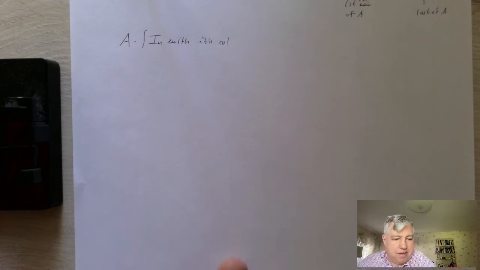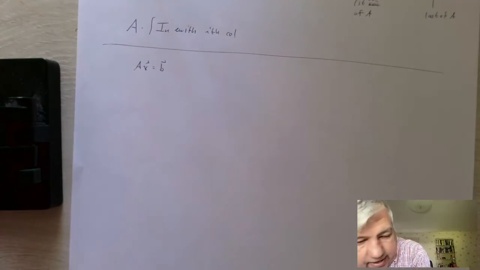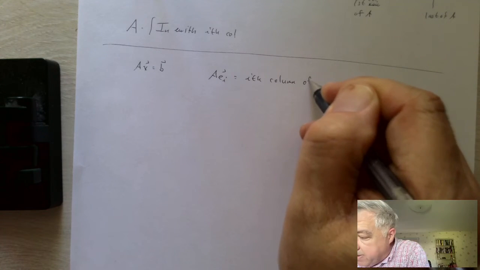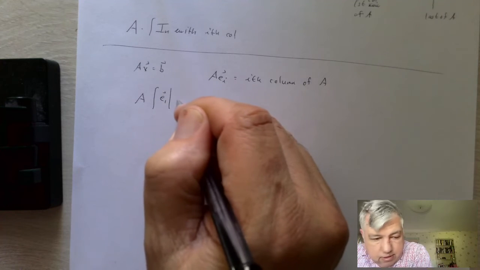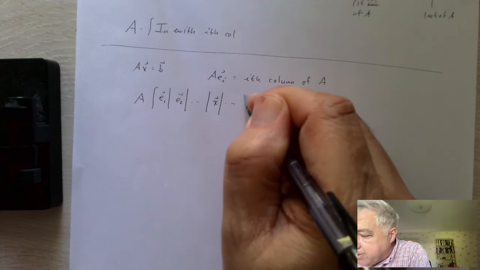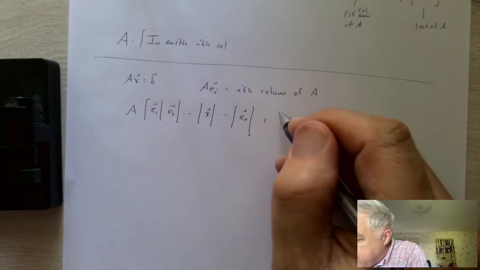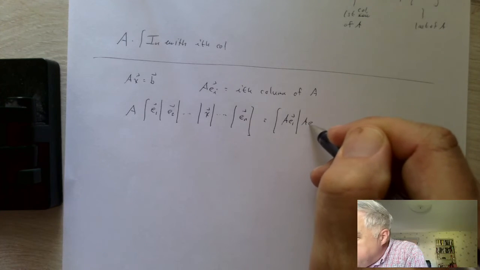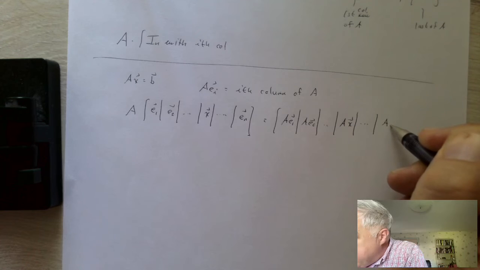Okay, bear with me. So let's suppose that AX equals B. And recall that AEi is the ith column of A. So if we take A times E1, E2, and so on, and then somewhere we have X in here, and then everything else is just standard basis vectors, then this is going to be AE1, AE2, and then AX, and then AEn.